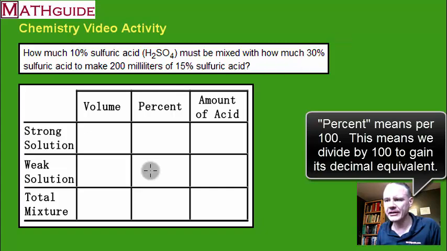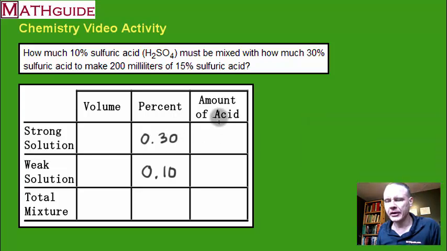So the 10%, 10 divided by 100, because that's what percent means, is 0.10. So we're going to put 0.10 in the table. And then the strong solution, 30 divided by 100, is 0.30. All right, so that gets rid of those two pieces of information.